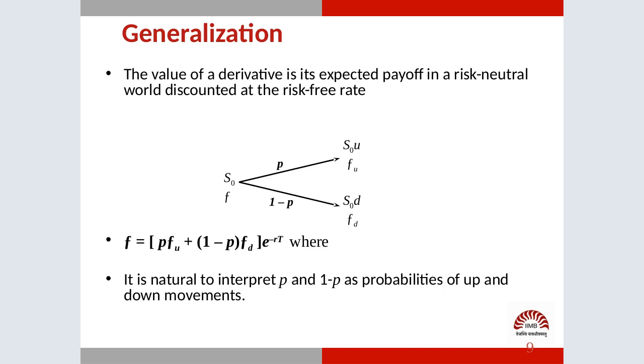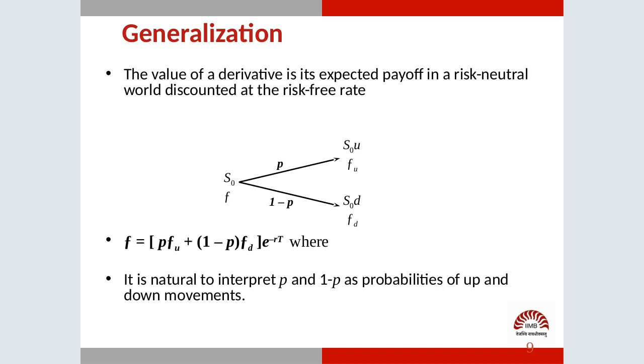Now, the price of the option is given by that bold statement: P into FU plus 1 minus P into FD, times e to the power of minus RT, is my price of the option. Now, how do I calculate this? How do I get the P, and once I get the P, how do I get FU and FD?